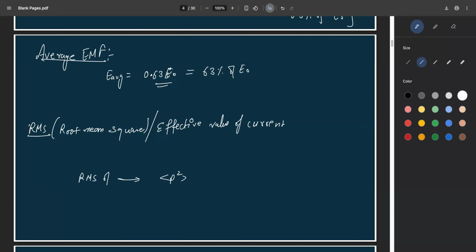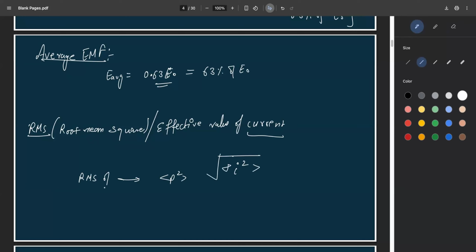Understood? For example, when I'm saying current, take the square of the current and the average of that, not just the average. Do the square and then get the average and then take the root. Okay, this is supposed to be the answer.